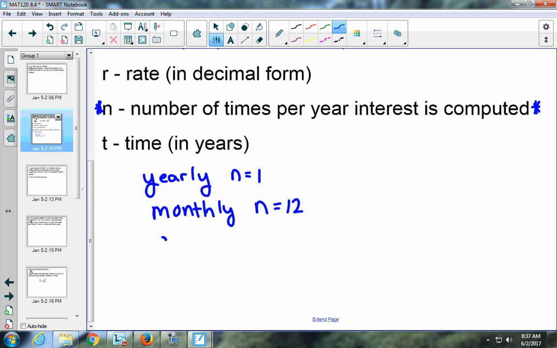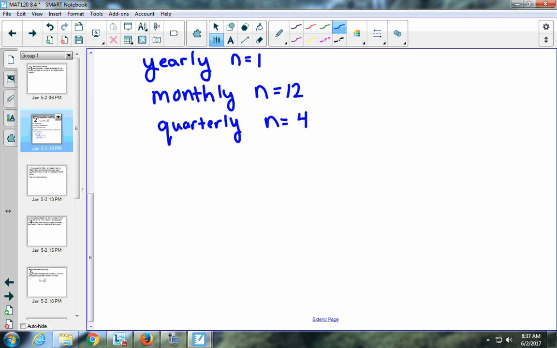If they say it's quarterly, there's 4 quarters in 1 year, so it would be N equals 4. They could also say weekly. There are 52 weeks in a year, so we would say N equals 52.